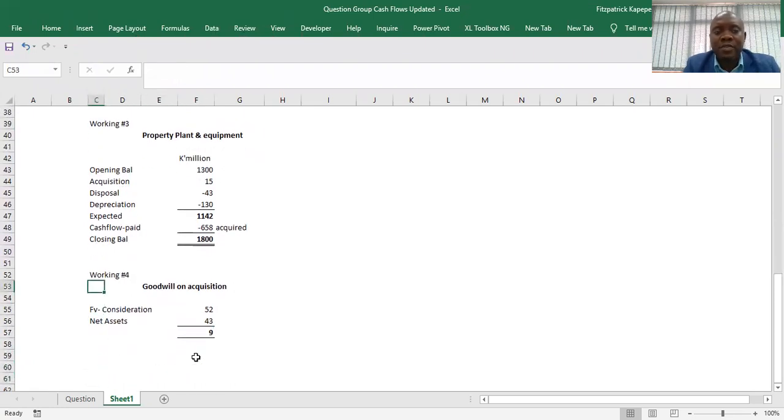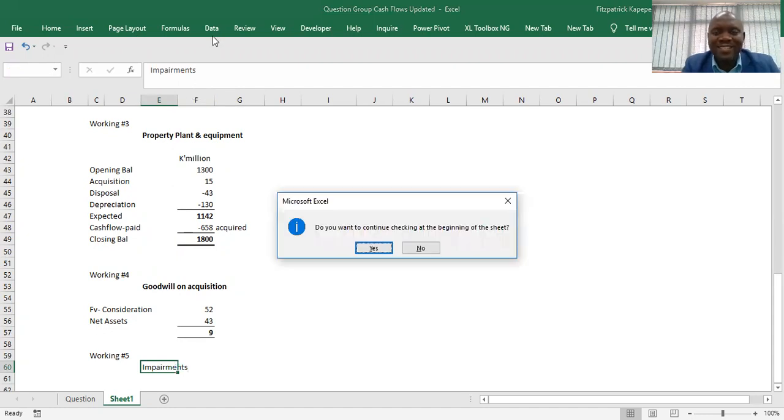Then we'll go to working 5 to test the impairment. The spelling doesn't look okay.